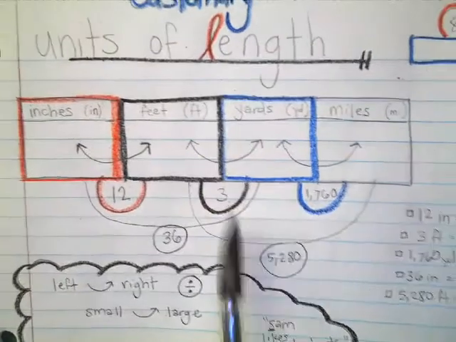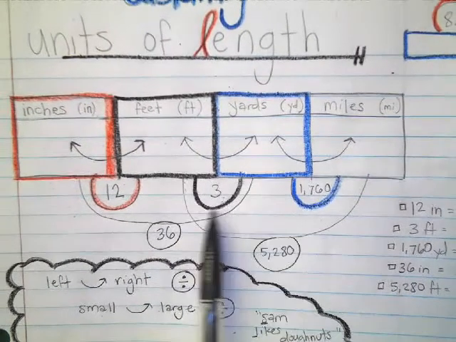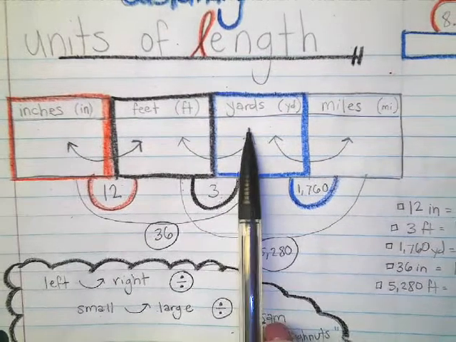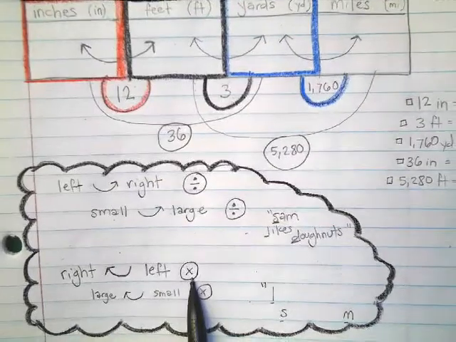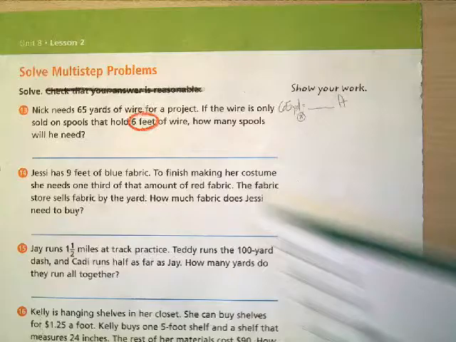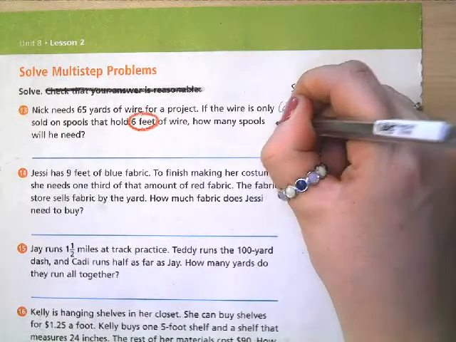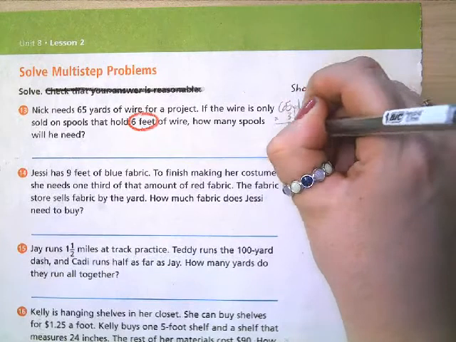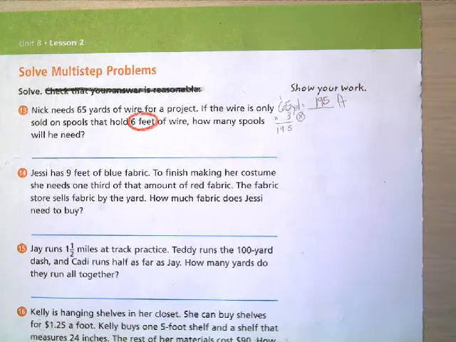And what's the connecting number between yards and feet? It's 3. So I know from going right to left that I'm multiplying, and the connecting number is 3. So I take 65 and I times it by 3.